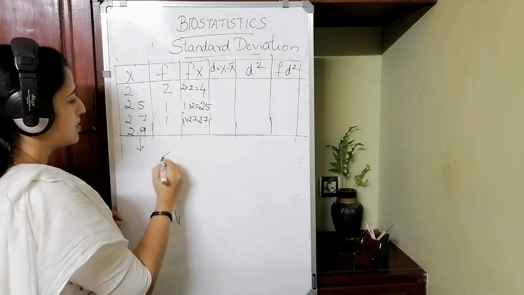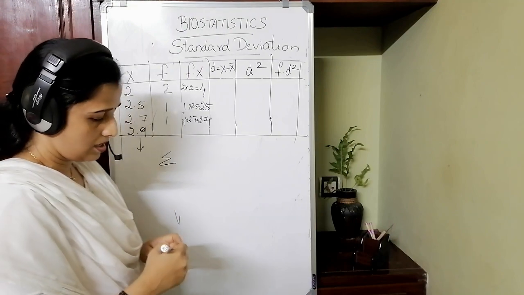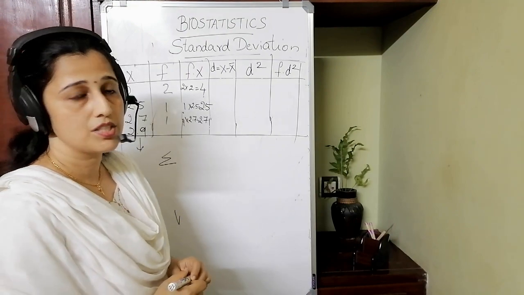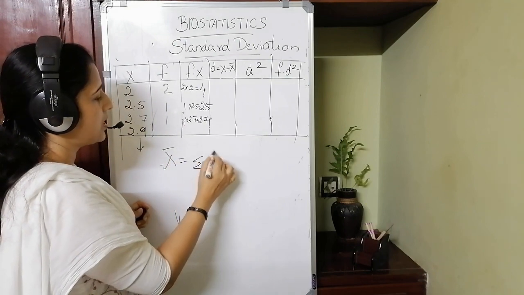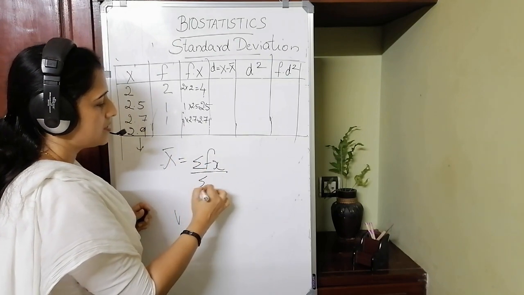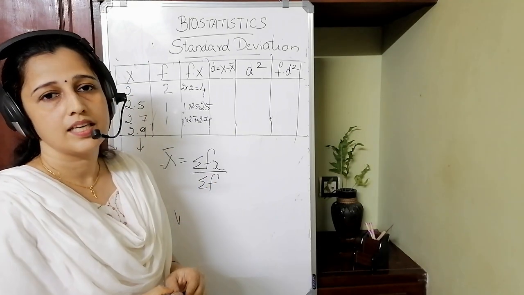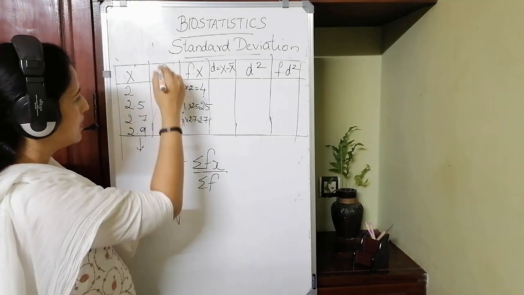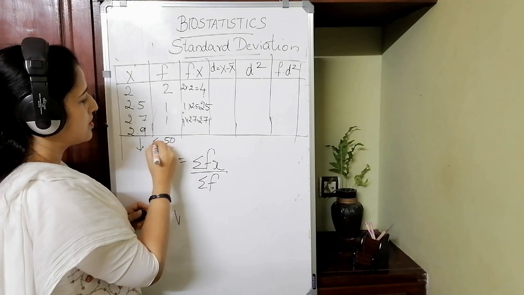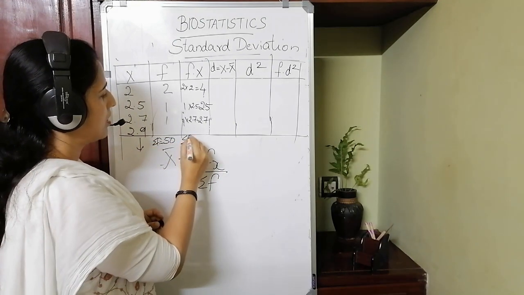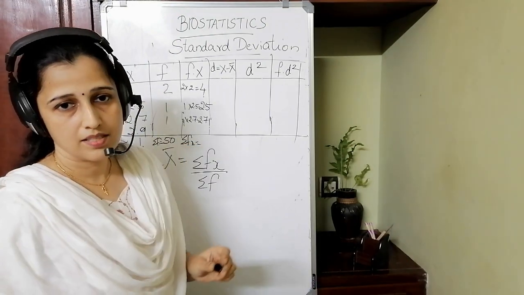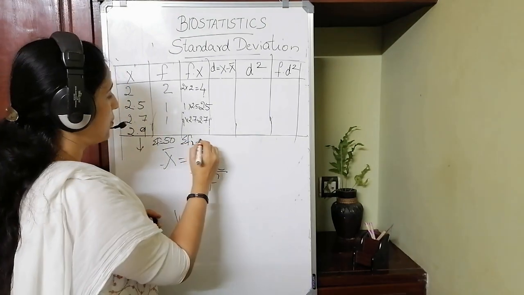Because frequency is given, the equation which we use for arithmetic mean is x bar is equal to sigma fx by sigma f. Here the total of sigma f is equal to 50 and sigma fx is equal to 231.1.